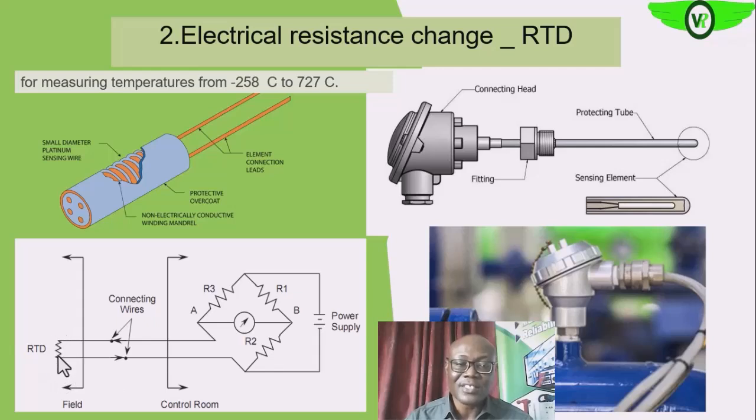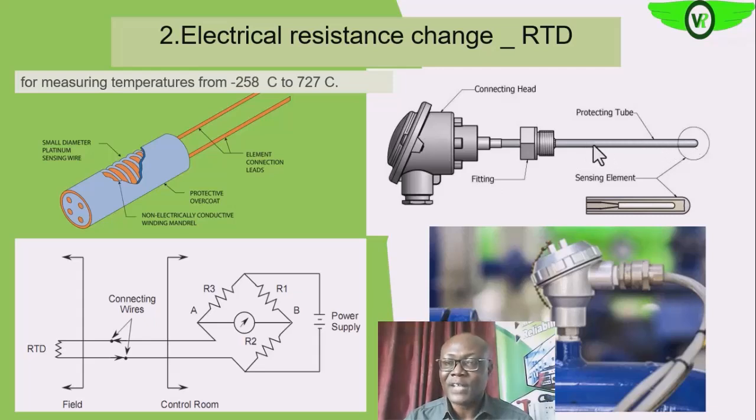As the heat is increasing, the resistance will go up. So as it's going up, the balance here will be altered, and then the voltage that will be generated, that will come out from the Wheatstone bridge, will be going up. So it is now fed into a meter that has been calibrated to give us a direct temperature reading of the process.